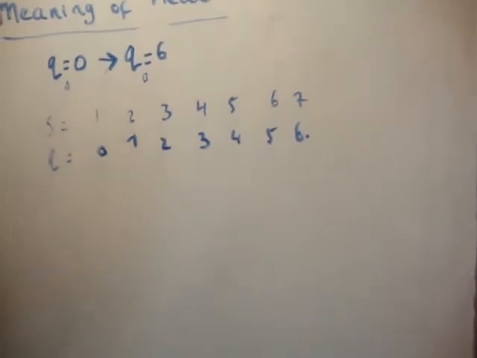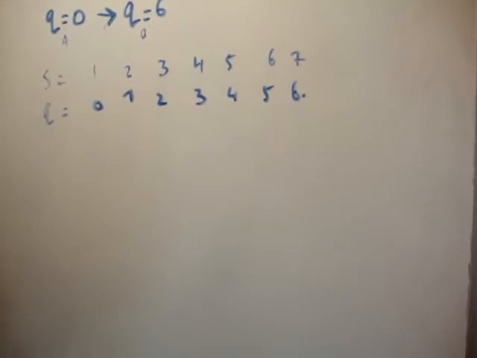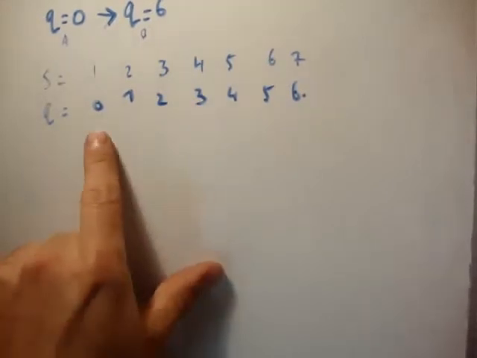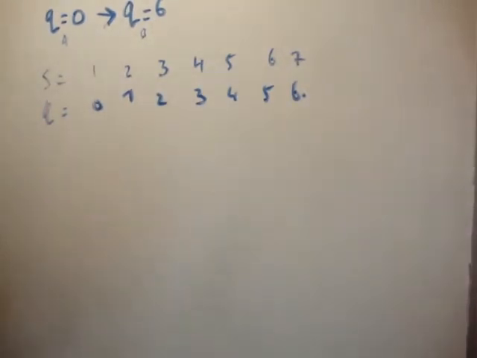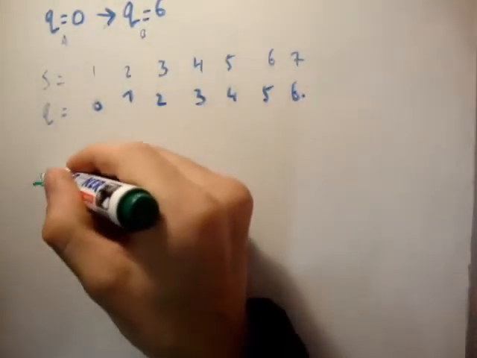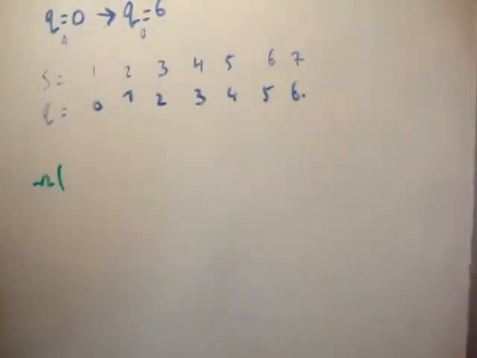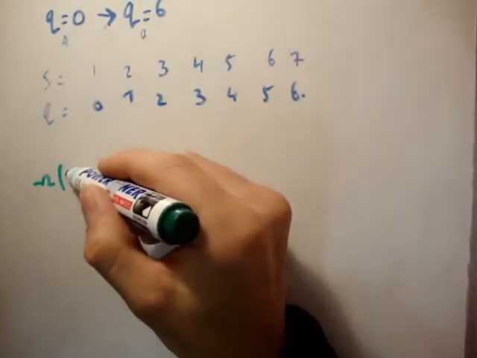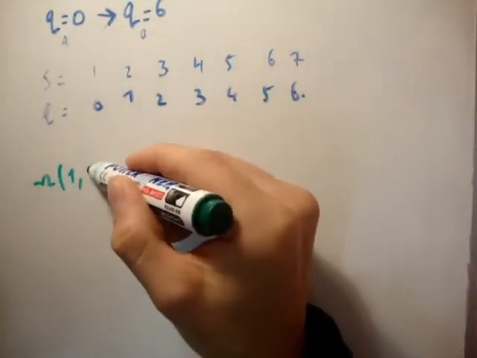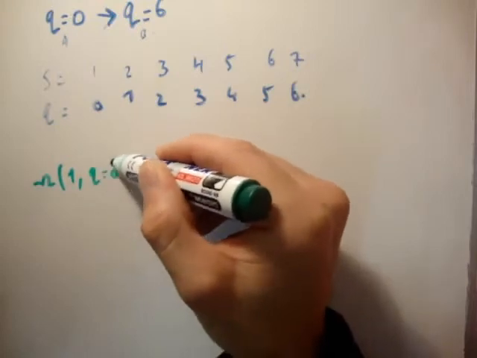So let's see if we can work out what the multiplicity of Einstein solid A is when it has anywhere between 0 and 6 units of energy, when it has 3 harmonic oscillators. That's a pretty straightforward problem, because we already know the formula for the multiplicity of a particular macro state. Let's say this is macro state 1, where Q is equal to 0.